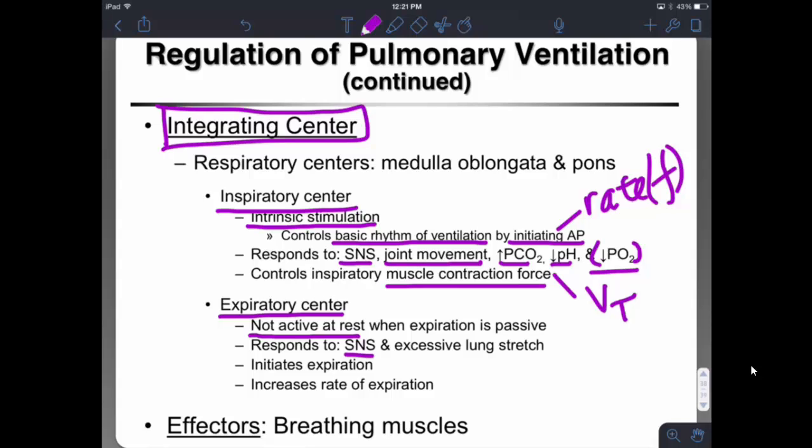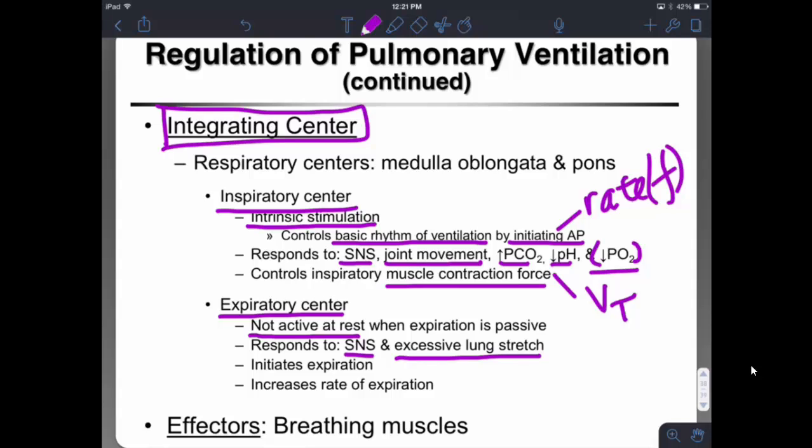The expiratory center also responds to excessive lung stretch. The more you inhale, the more the lungs fill with air, and the more the lungs stretch. The body has an upper limit for that. It's not going to let the lungs stretch forever. You can imagine if you took too much air into a balloon, it would pop, so there needs to be a limit.